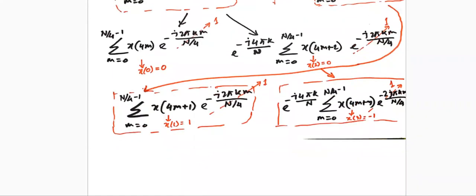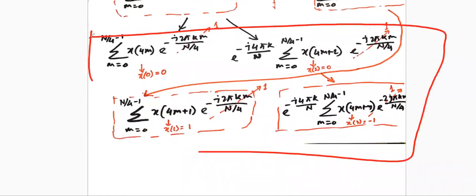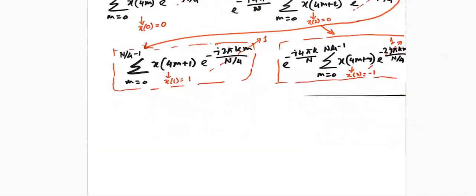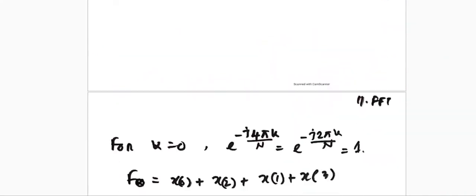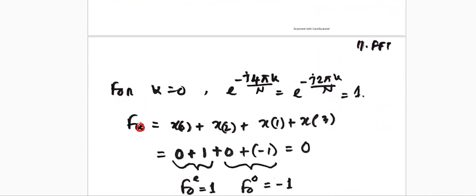So now this is the total equation, where we have all four terms: x0, x2, x1, and x3. If we consider this equation, now you can find the value of f0. Why is that so?